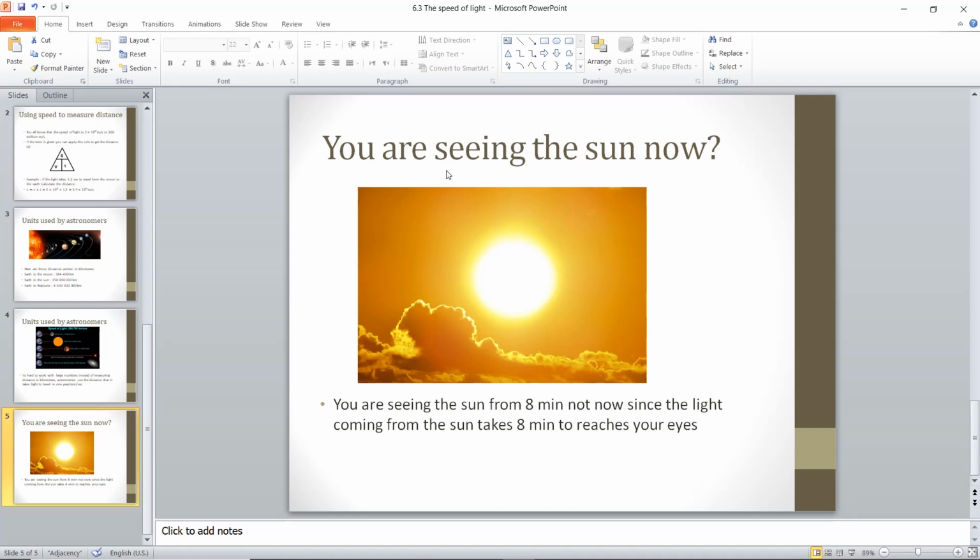So, not only the sun, if you are seeing a star at night, the light comes from the star from 4.1 years ago. And the light was produced from that source 4.1 years ago, for example. Okay, so what you are watching now, the light coming from the sun from 8 minutes ago, not exactly now. So this is the first idea.